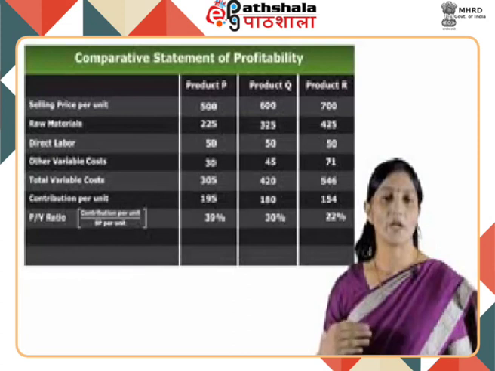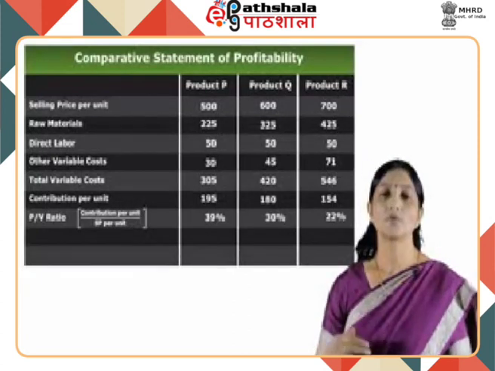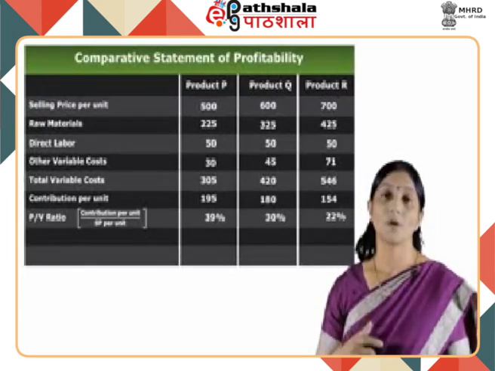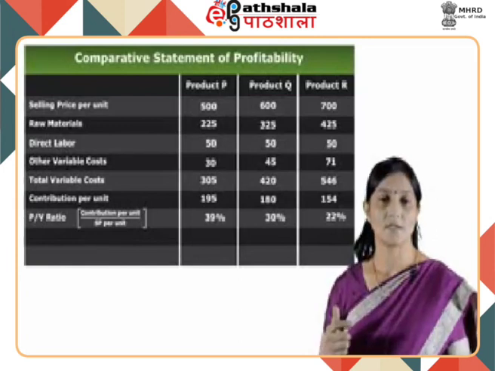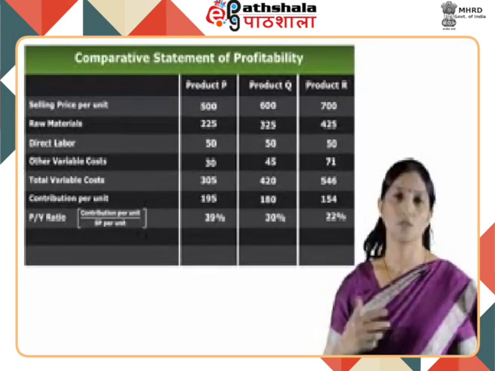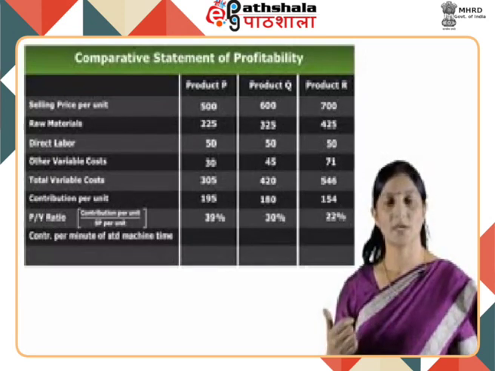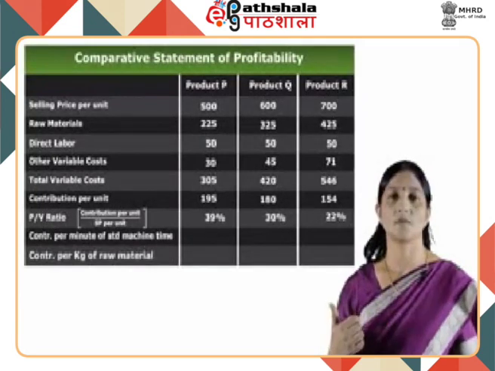Since we have to find out the priority of the products based on the limiting factor, contribution would not be sufficient to make the decision. Here we need to find out the contribution per unit of the limiting factor we are considering. In this example, we consider two cases: one, when the capacity is limited by machine time, and two, when the capacity is limited by raw material.